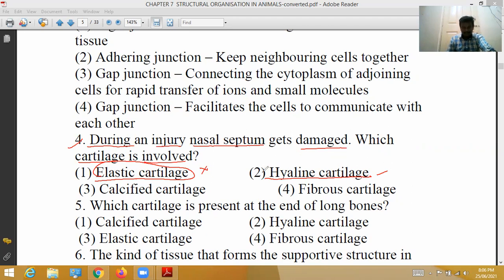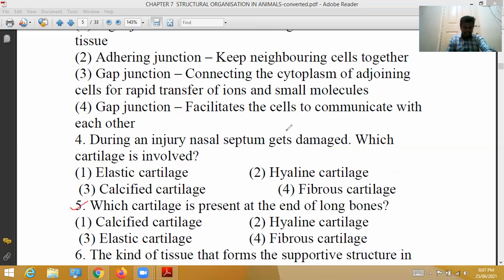So the second option is correct. Calcified cartilage is wrong, and fibrous cartilage is wrong. So during an injury, if the nasal septum is damaged, hyaline cartilage is involved, since hyaline cartilage is located in the nasal septum. The second option is the correct option.